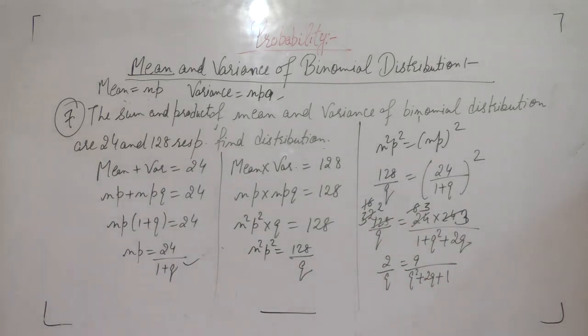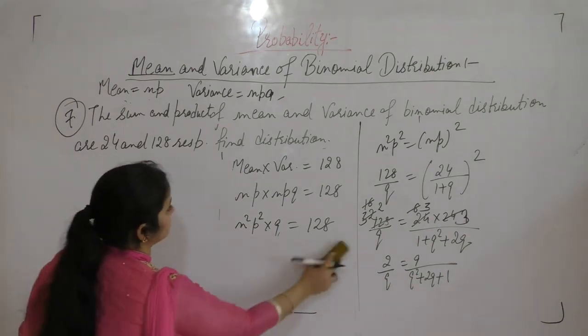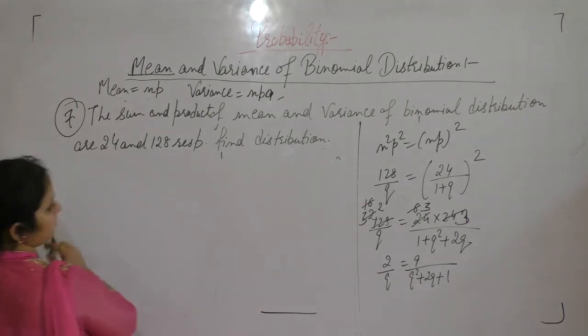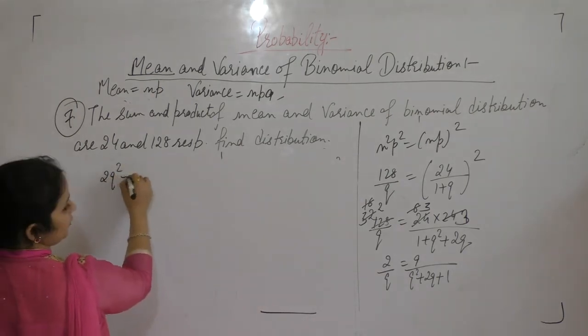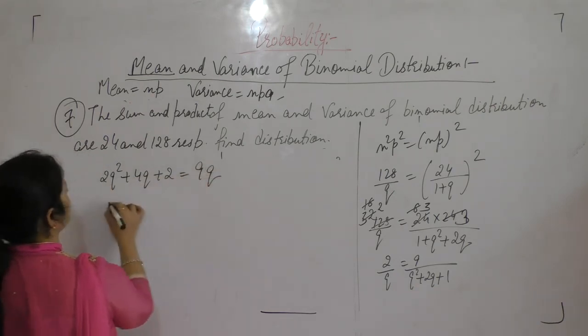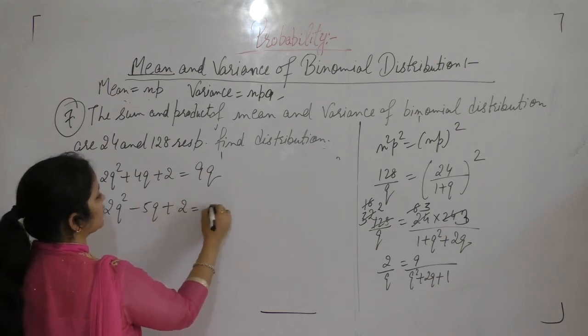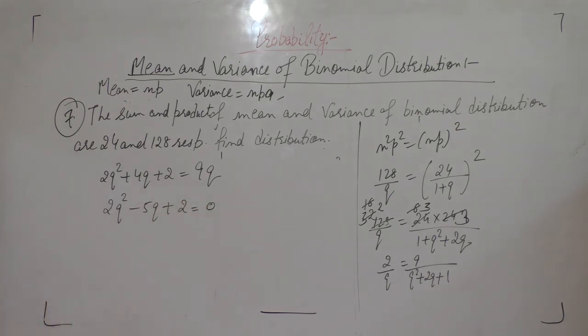Here we have a quadratic now. So 2Q square plus 4Q plus 2 is 9Q. 2Q square minus 5Q plus 2 is equal to 0.